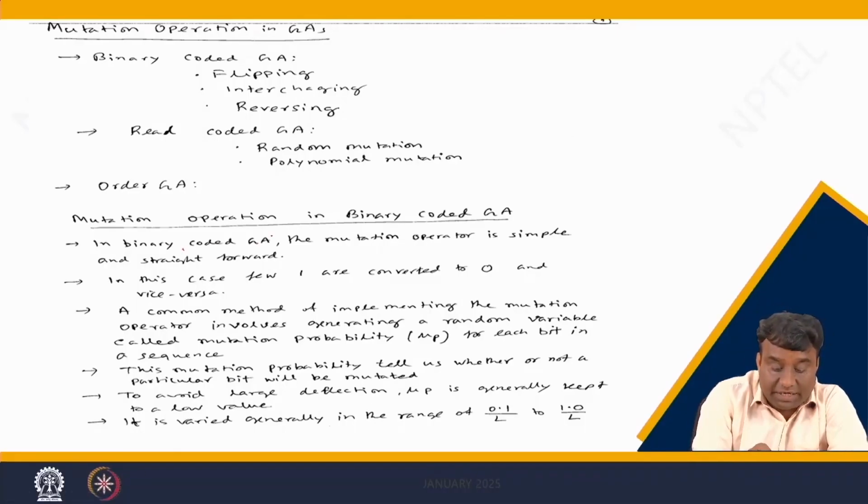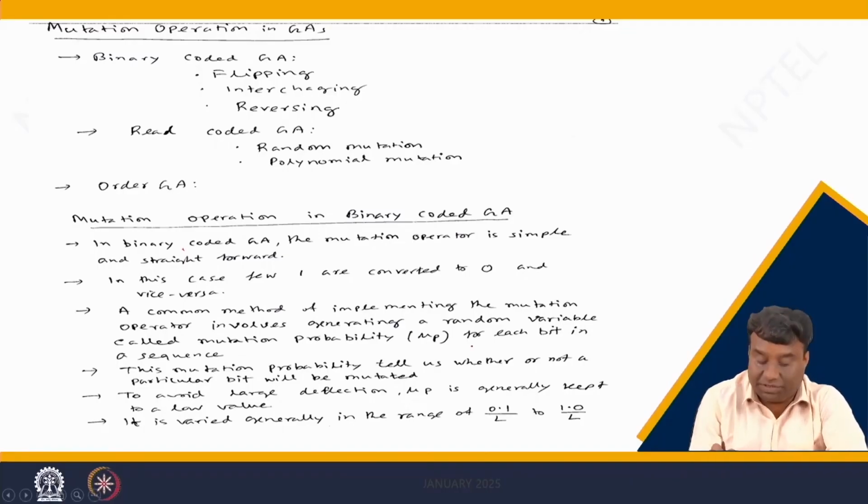In binary coded genetic algorithm, the mutation operator is simple and straightforward. In this case, a few 1s are converted to 0 and vice versa. A common method of implementing the mutation operator involves generating a random variable called mutation probability for each bit in a sequence. So if there are 8 bits, there should be 8 bits in the mutation probability.